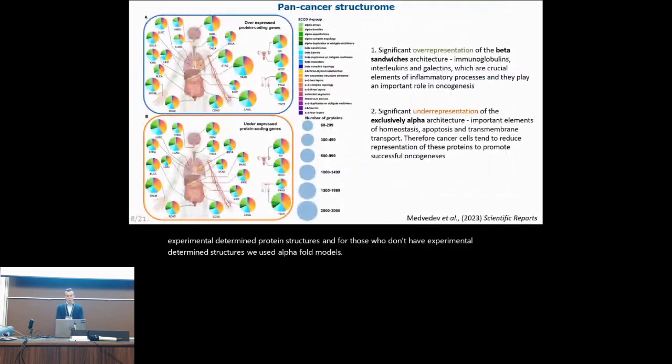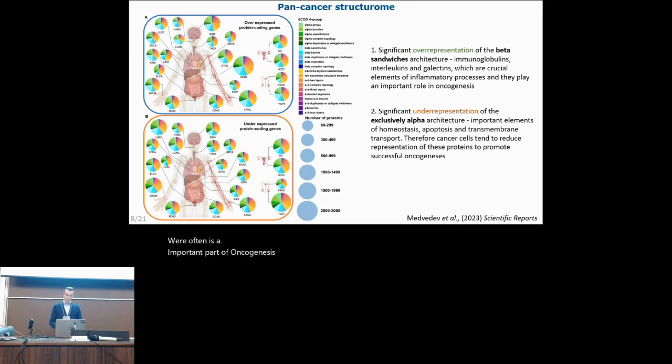And our analysis revealed, first of all, overrepresentation of beta sandwiches architecture in overexpressed protein coding genes. This architecture includes such proteins as immunoglobulins, interleukins, and galectins. These proteins are an important element of inflammation, which very often is an important part of oncogenesis.